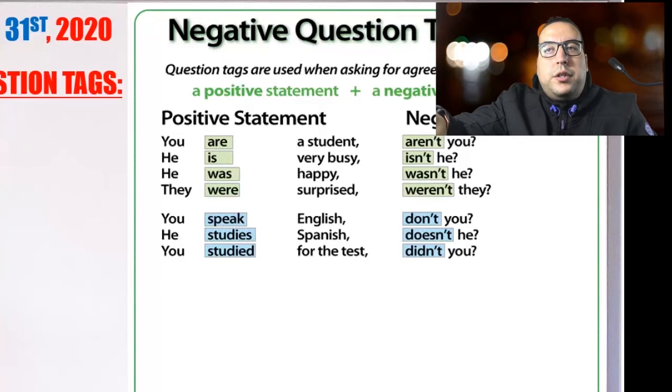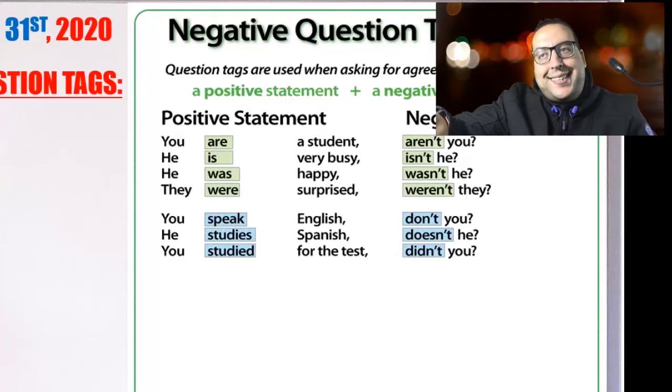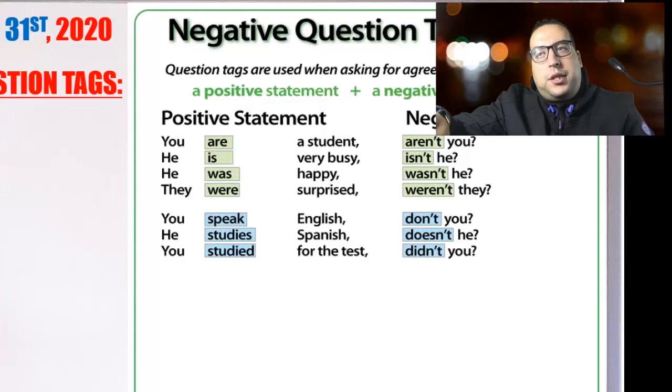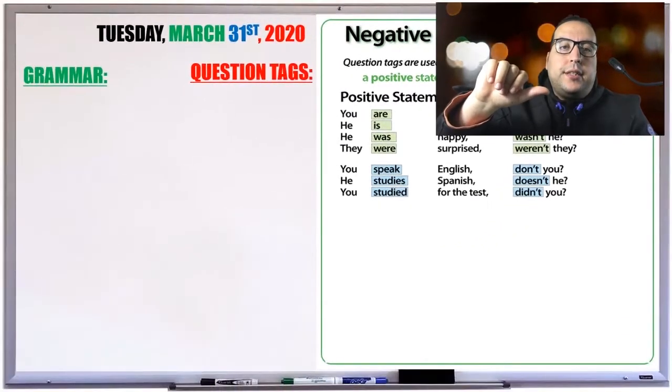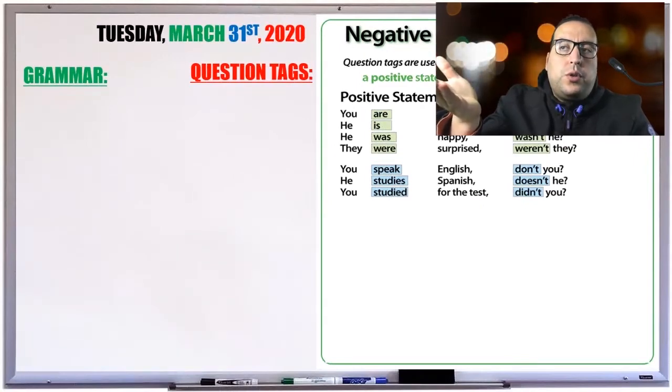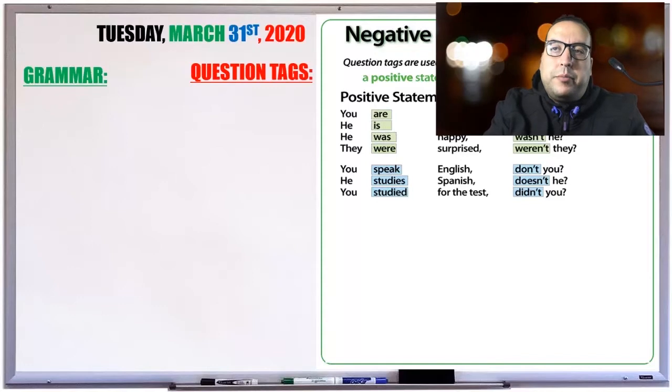The first and the second one are in the present simple, so we use don't you, doesn't he. The last one, you studied, is in the simple past, so the question tag should also be in the simple past. Instead of saying don't you, we say didn't you, because studied is in the past. That's why the question tag should be in the same tense, which is the past simple.